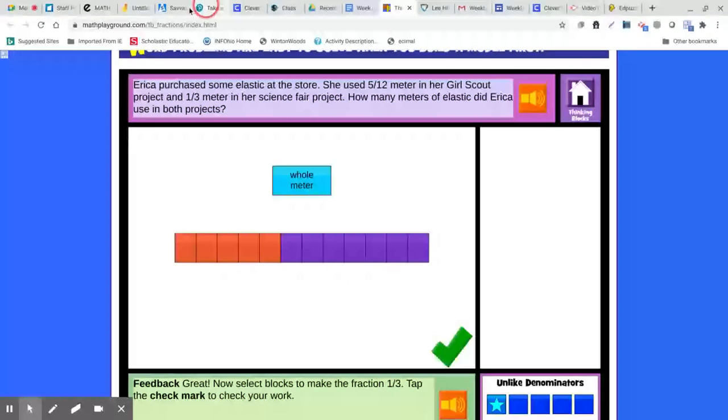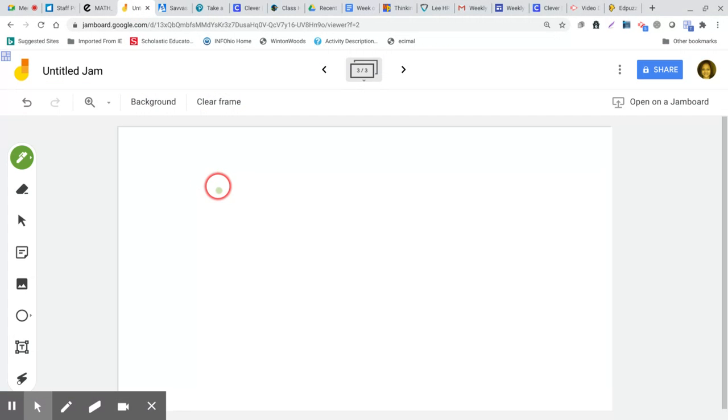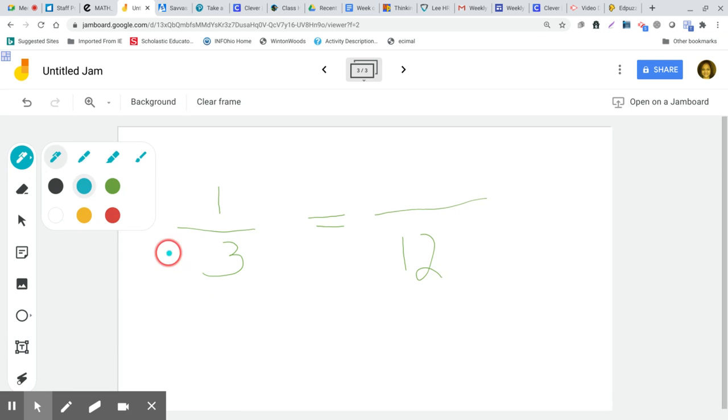So I'm going to just set up a proportion real quick. 1 over 3 is how many 12ths? I need an equivalent fraction. Any ideas? I need my denominator to be 12. How do I get from 3 to 12? Anybody? Nafira? Scale it by a factor of 4.